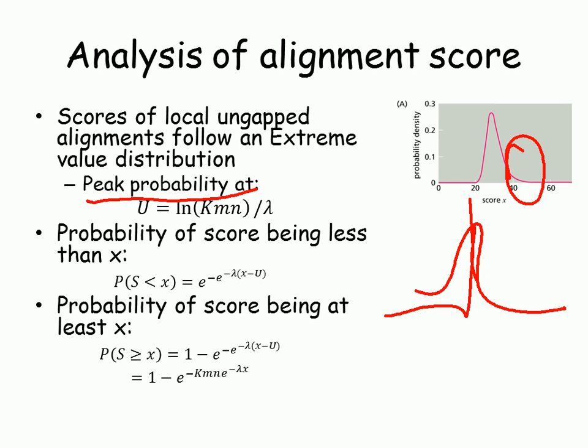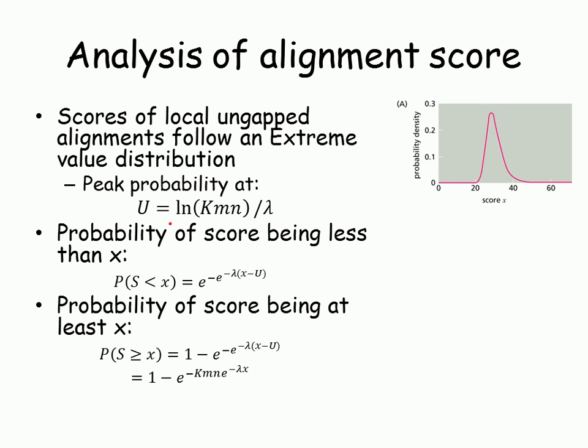The peak probability is this point right here. So that's the average of the distribution, and this formula gives you the score that corresponds to the peak probability.